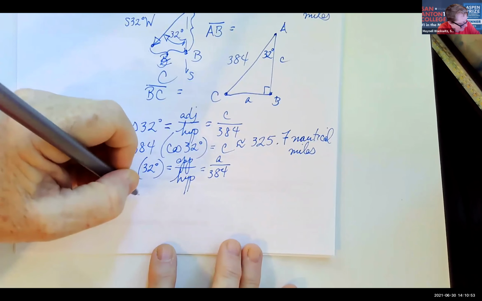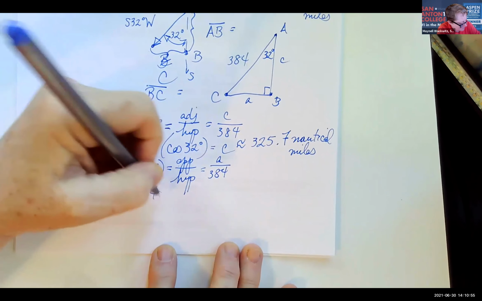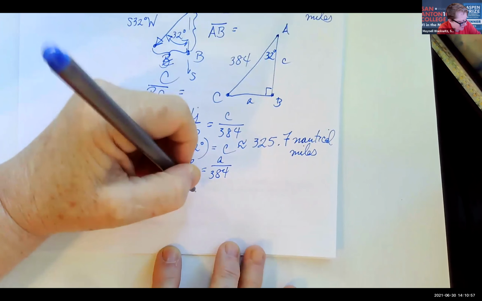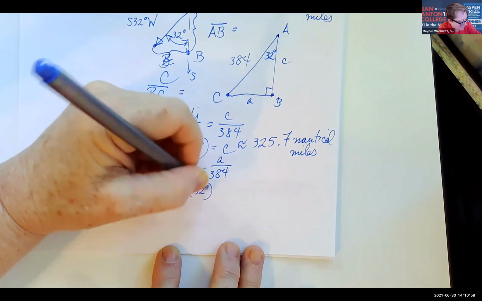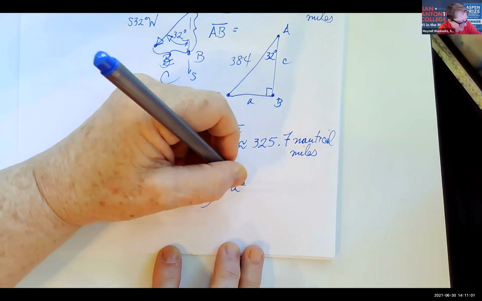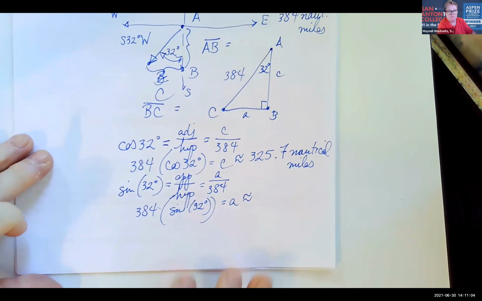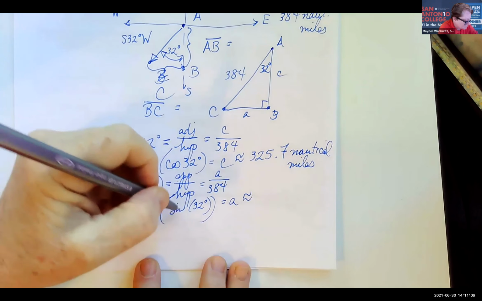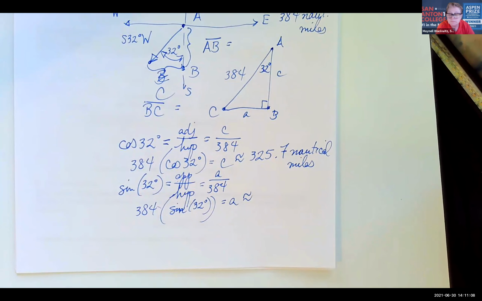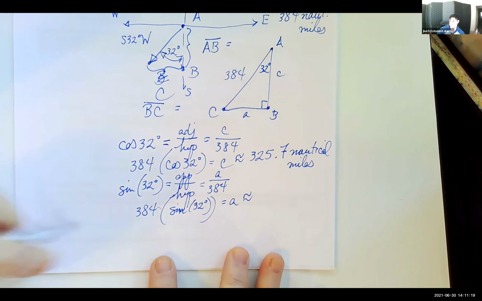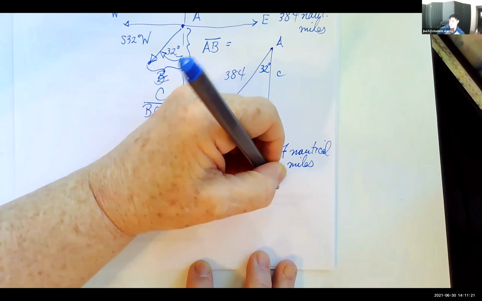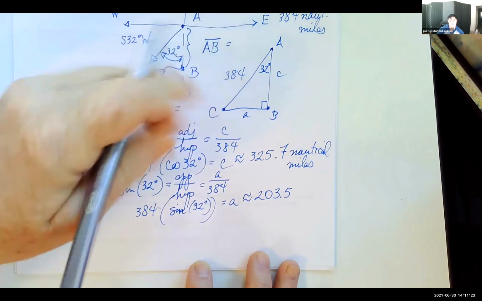So we get 384 times the sine of 32 degrees. That's exactly a. So a is approximately 203.48, so 203.5. Good.